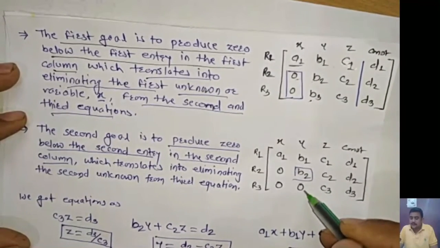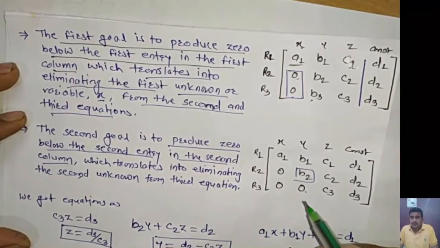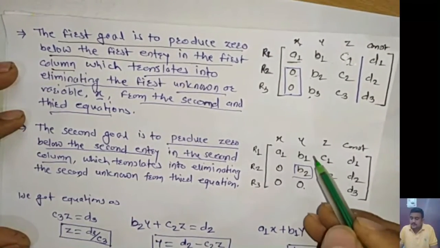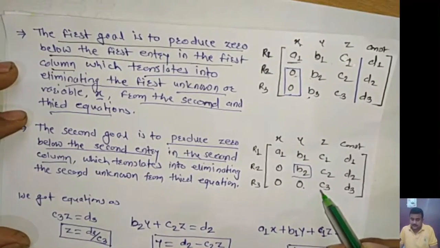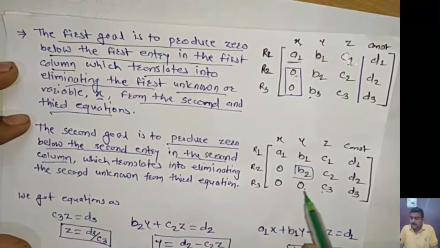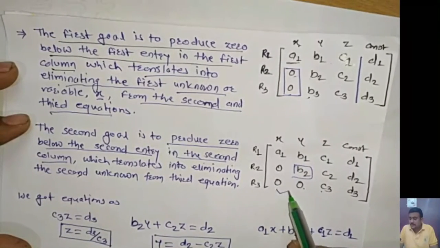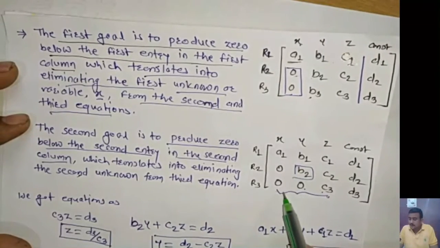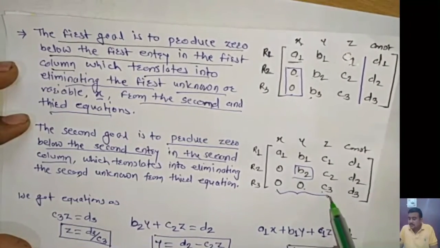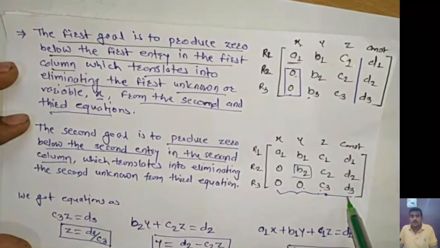Below the second entry we produce 0, which helps us to eliminate the second variable from the third equation. On doing this, we get an echelon form of the matrix in which the third equation has only the coefficient of the third unknown and the constant.